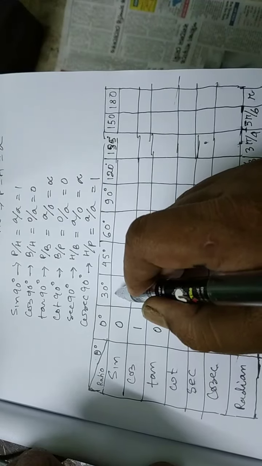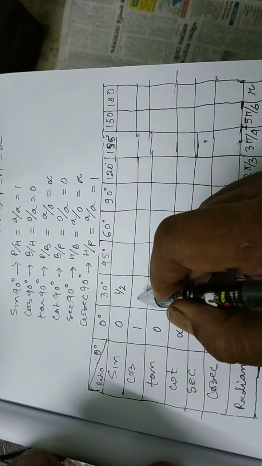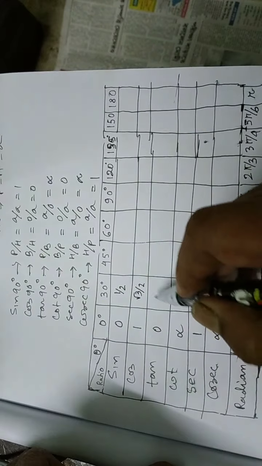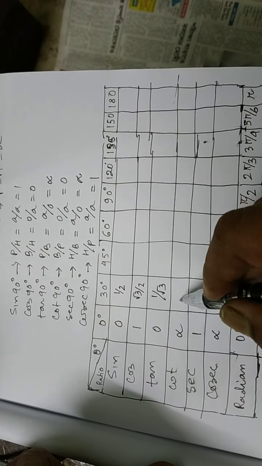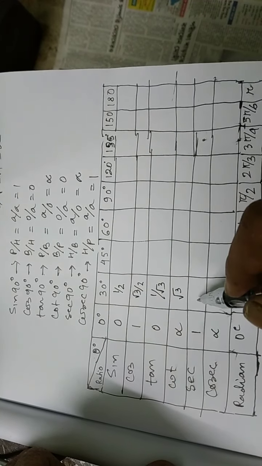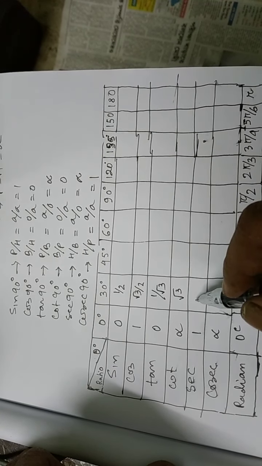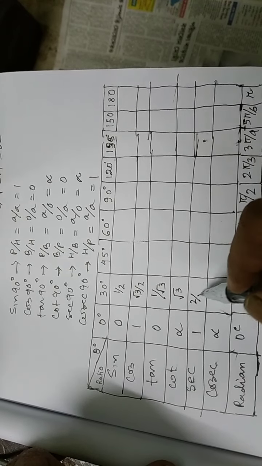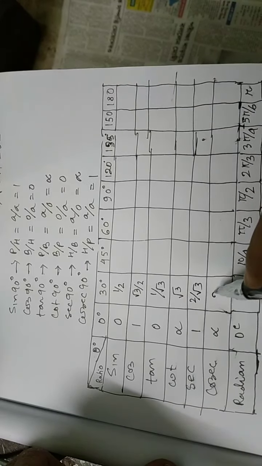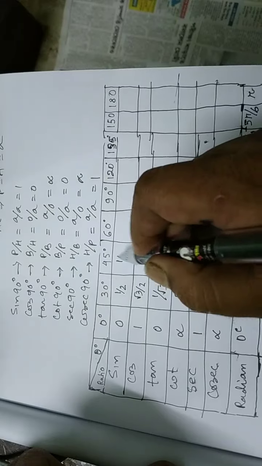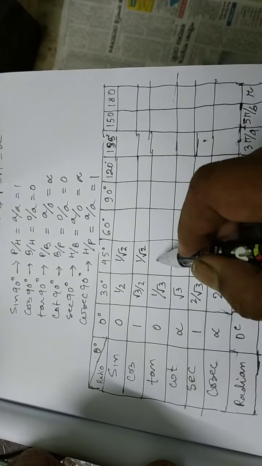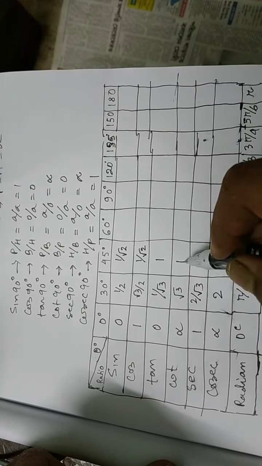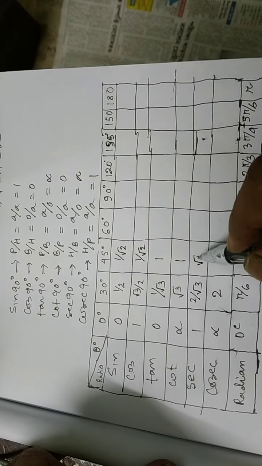Sin 30 is half, cos 30 is root 3 by 2, tan 30 is 1 by root 3, cot 30 is root 3, sec 30 is 2 by root 3, cosec 30 is 2. For 45, sin is 1 by root 2, cos is 1 by root 2, tan 45 is 1, cot 45 is 1, sec 45 is root 2, cosec 45 is root 2.